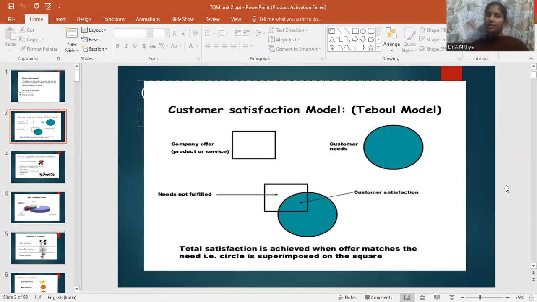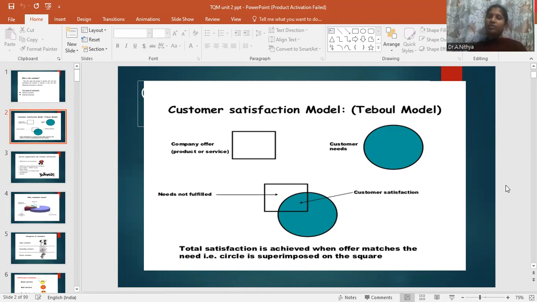Here we can see a customer satisfaction model. After knowing the customer, we should also know what customer satisfaction is. It is a measure of the degree to which a product and service meet the customer expectation. In another way, it refers to the extent to which customers are happy with the product and service provided by the organization.